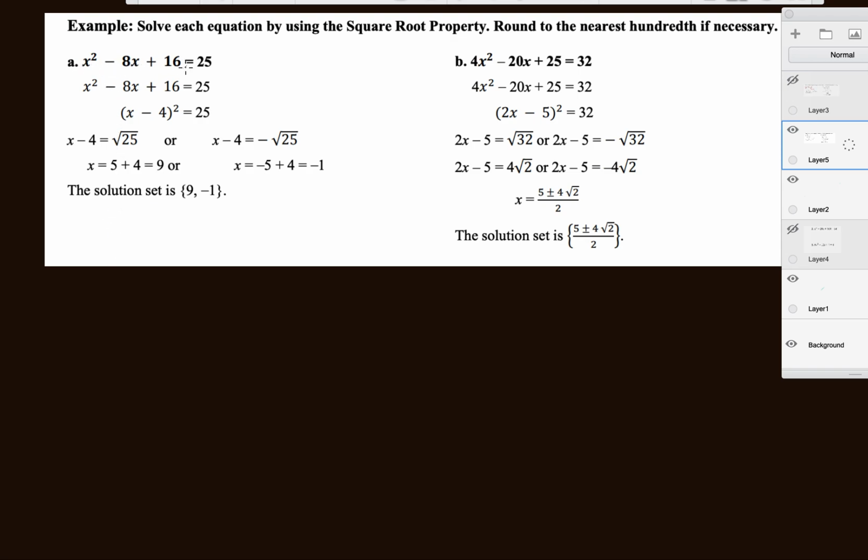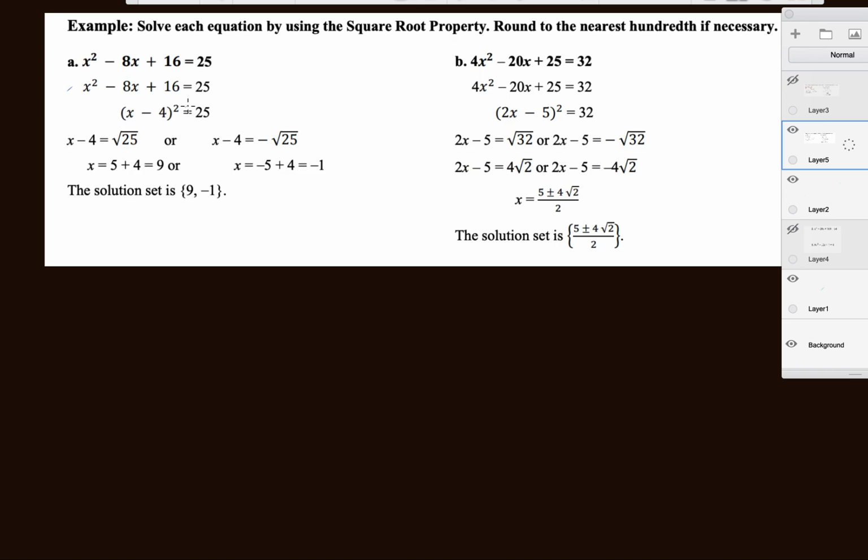So the first thing we're going to do is take our x squared minus 8x plus 16 equals 25. Both the 16 and the x squared are perfect squares. The square root of x squared obviously is x, and the square root of 16 is 4, and we put them there.